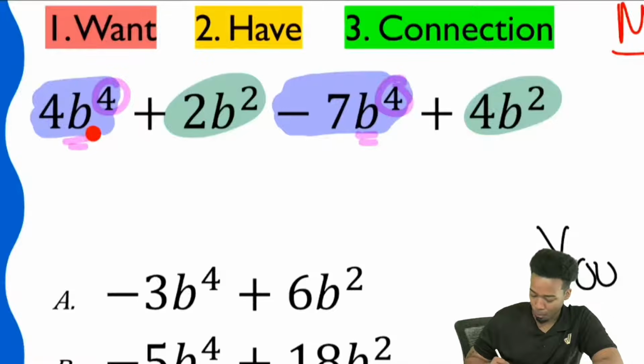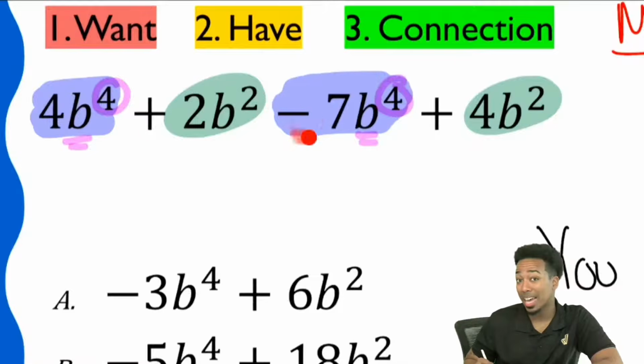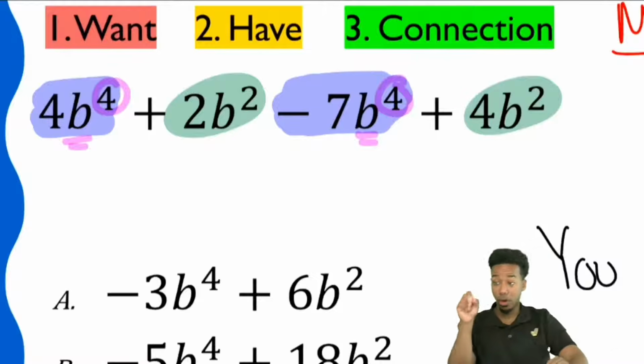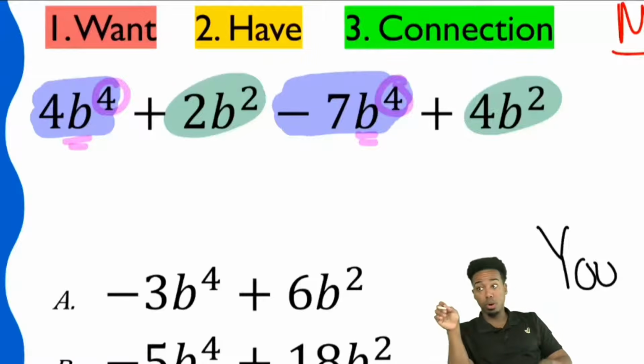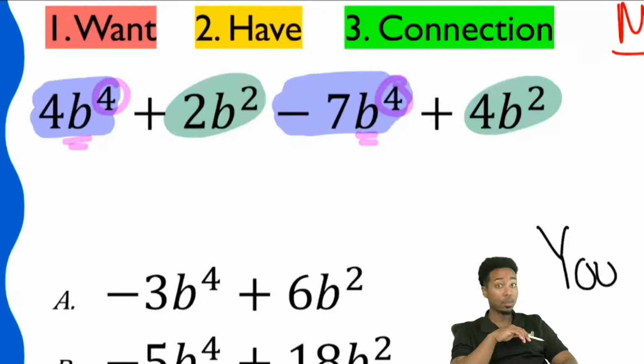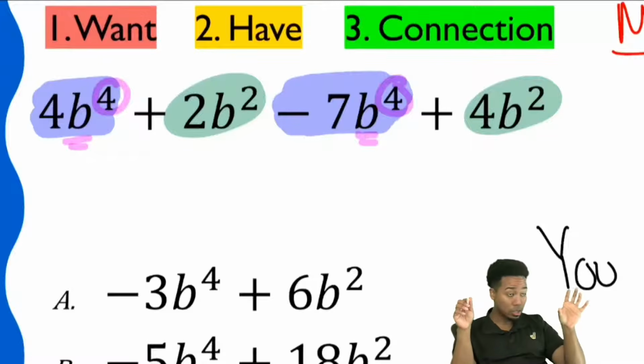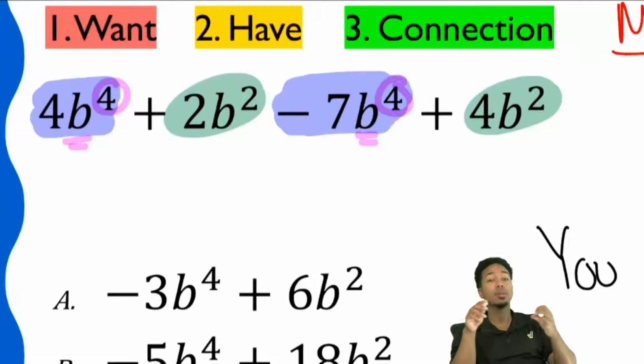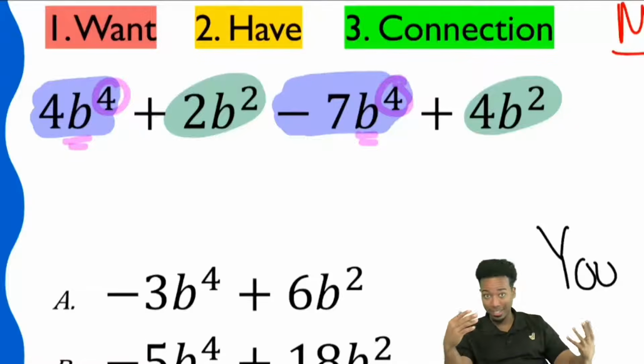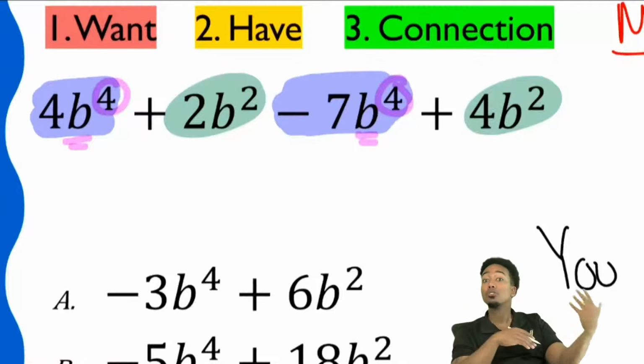So the 4b to the power of 4, that's a minus. Remember, everybody, if you have 1 plus 2 plus 3, you can do the 1 and the 3 first if you want to. But if it's 1 plus 2 minus 3, you could still do 1 minus 3 first, not plus 3. If there's a negative in front of it, you're subtracting it. If there's a positive or a plus, you're adding it.